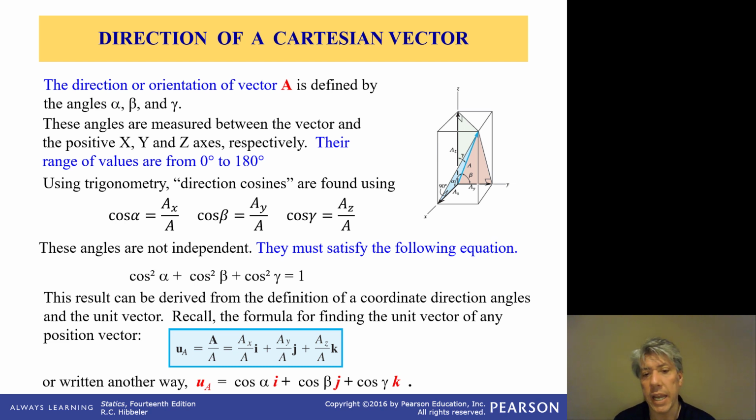And if you think about it, ax over A is just cosine of alpha. So we could substitute that in for the I component, substituting cosine of beta for the j component and cosine of gamma for the k component. And one thing we know about the unit vector is it has length 1, right? So cosine alpha squared plus cosine beta squared plus cosine of gamma squared must be 1 squared, which is simply 1.